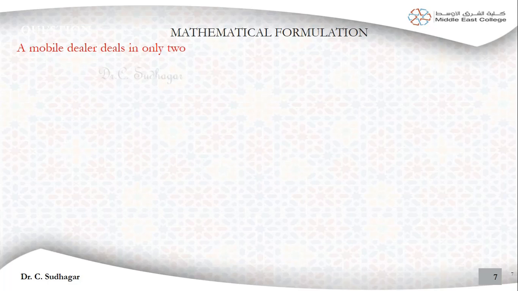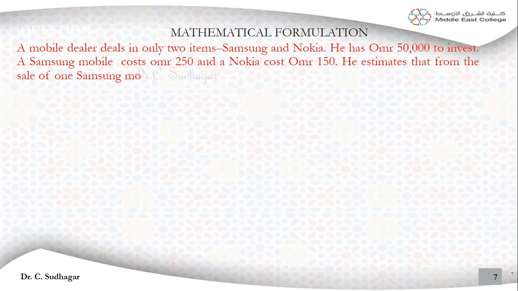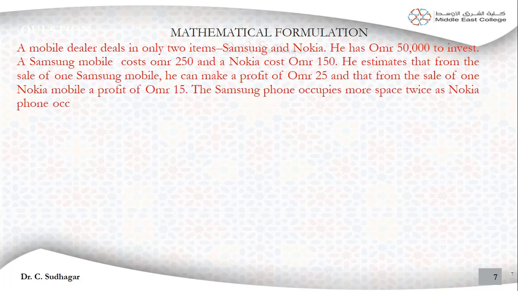A mobile dealer deals in only 2 items, Samsung and Nokia. He has 50,000 OMR to invest. A Samsung mobile costs OMR 250 and a Nokia costs OMR 150. He estimates that from the sale of one Samsung mobile he makes a profit of 25 reals, and from Nokia he makes a profit of 15 reals.